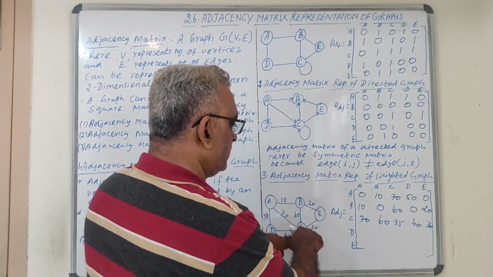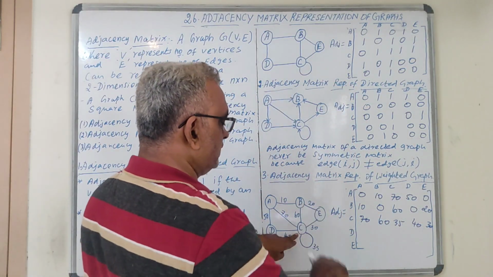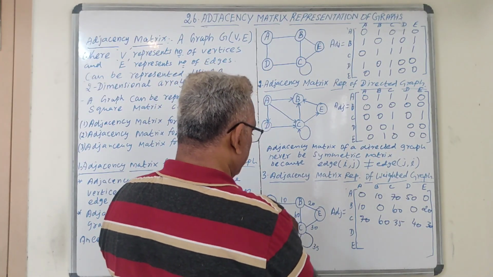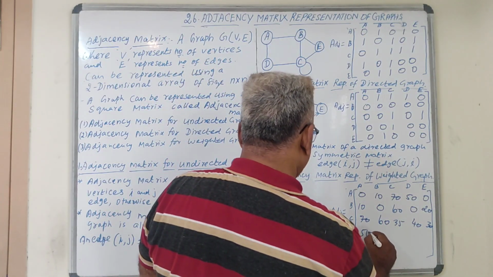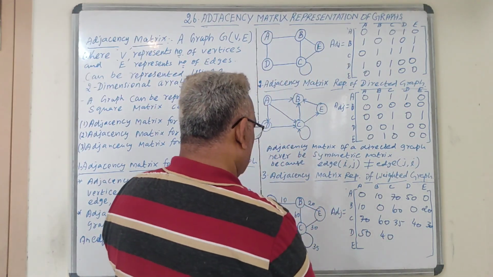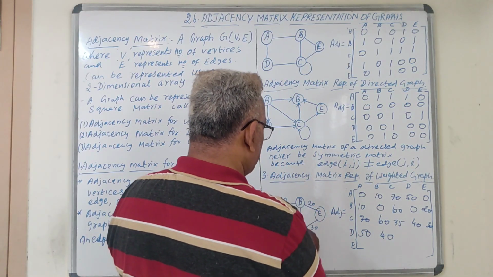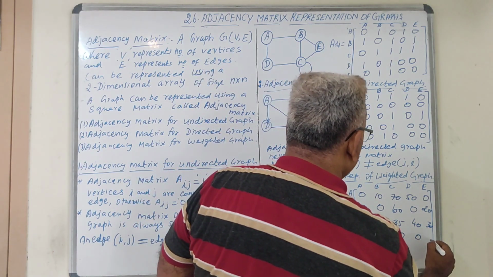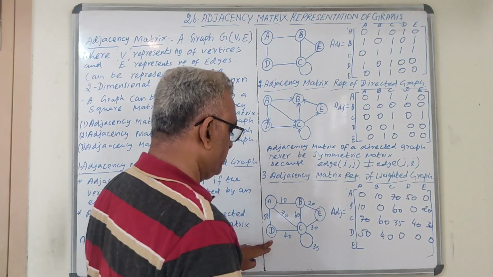So this particular node has a connection with all the other nodes. Similarly, come to D. D to A is 50 and D to C is 40. Then there is no other connection from D, so D to B, D to D and D to E are all 0.